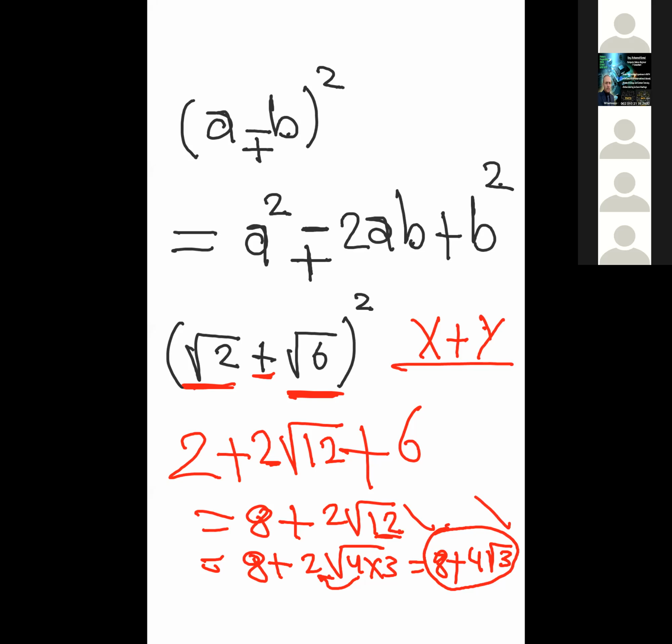Only we add the like terms. Like if it's square root of 2 plus 3 square root of 2, it will equal 4 square root of 2. Consider that the square root is a measurement unit, so just use the coefficients only. Consider it as a variable. If you want to add 2x plus 5x, you will place the variable x, and 2 plus 5 equals 7, right?